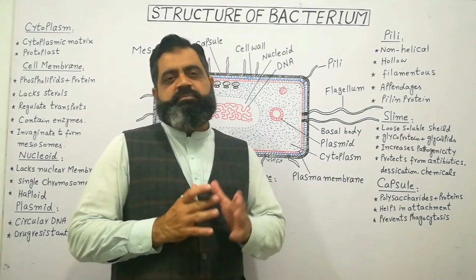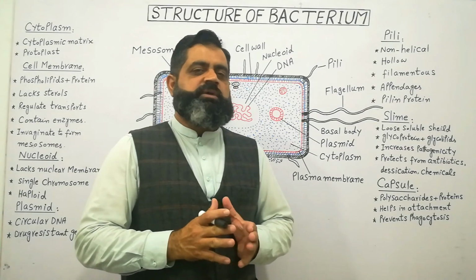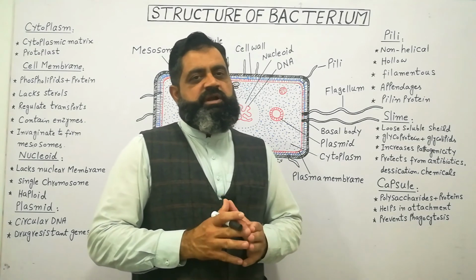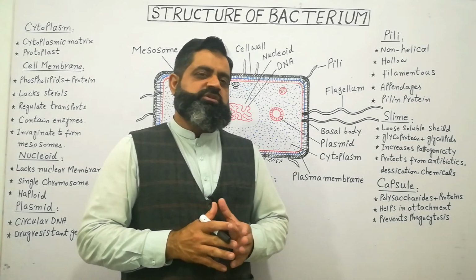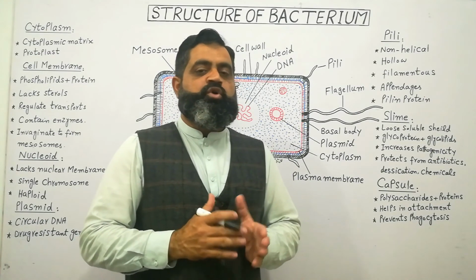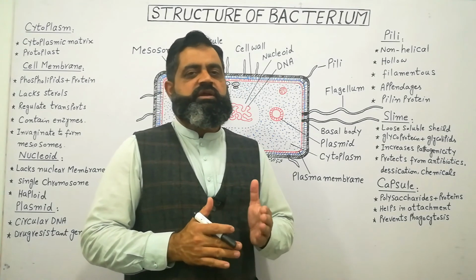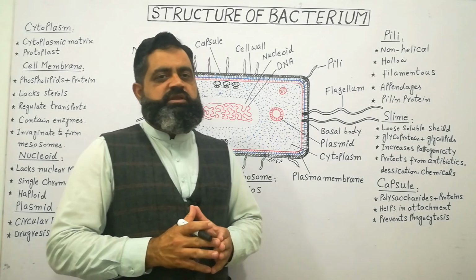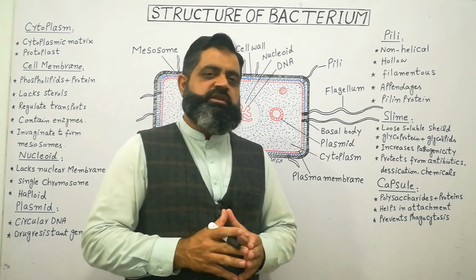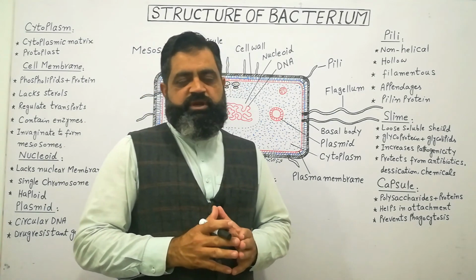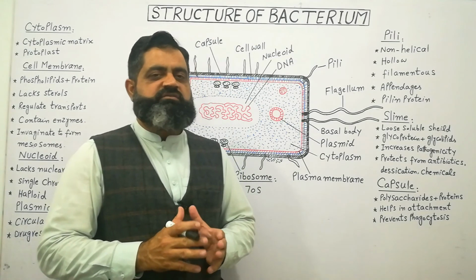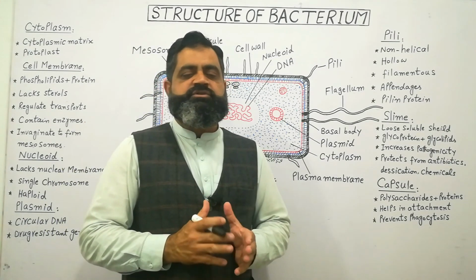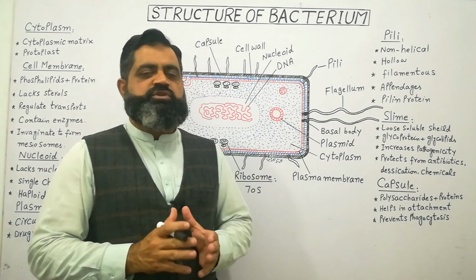It increases the pathogenicity. As you know, bacteria are pathogens which cause different types of diseases. Bacteria which produce slime on the surface of the body are more pathogenic because they are difficult to treat with antibiotics. Bacteria like tuberculosis bacteria or typhoid bacteria are very powerful and very hard to kill with antibiotics because they have produced resistance with the help of capsule and slime on their surface.